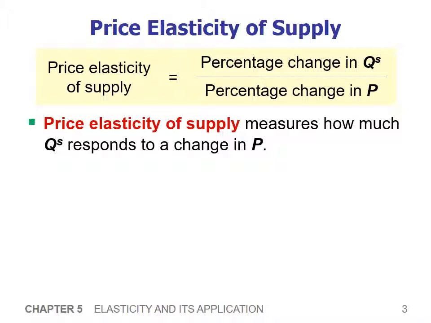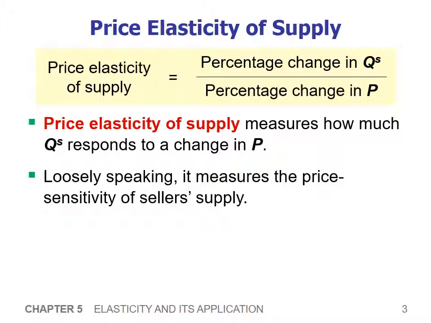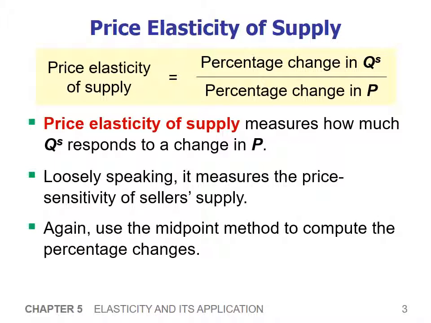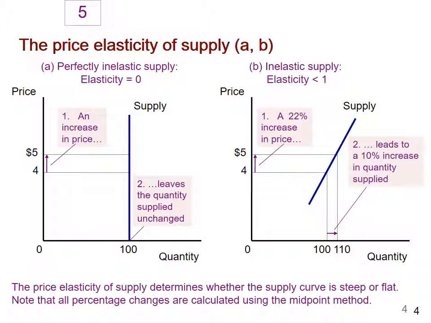So price elasticity of supply is the percent change in the quantity supplied of a good in response to a percent change in its price. So this measures how the quantity supplied responds to a change in price. In other words, it measures the seller's price sensitivity, and we use the midpoint method in calculating the various elasticities of supply.